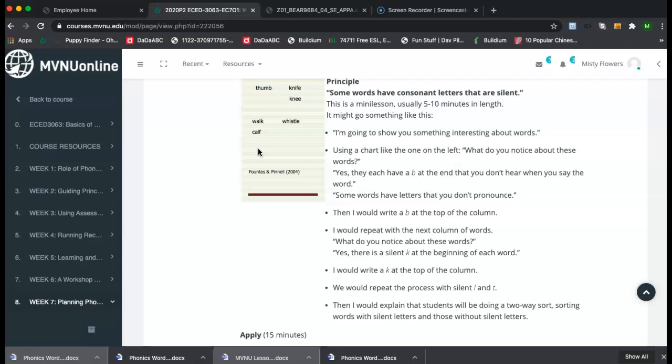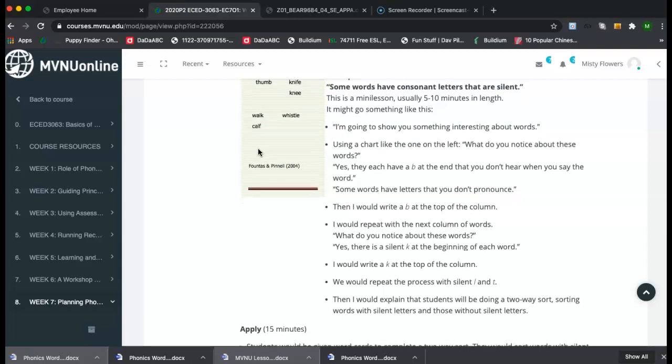And then I'm going to explain that they're going to be doing a two-way sort, sorting words with silent letters and words without silent letters. A very simple two-way sort. So that's my mini lesson.